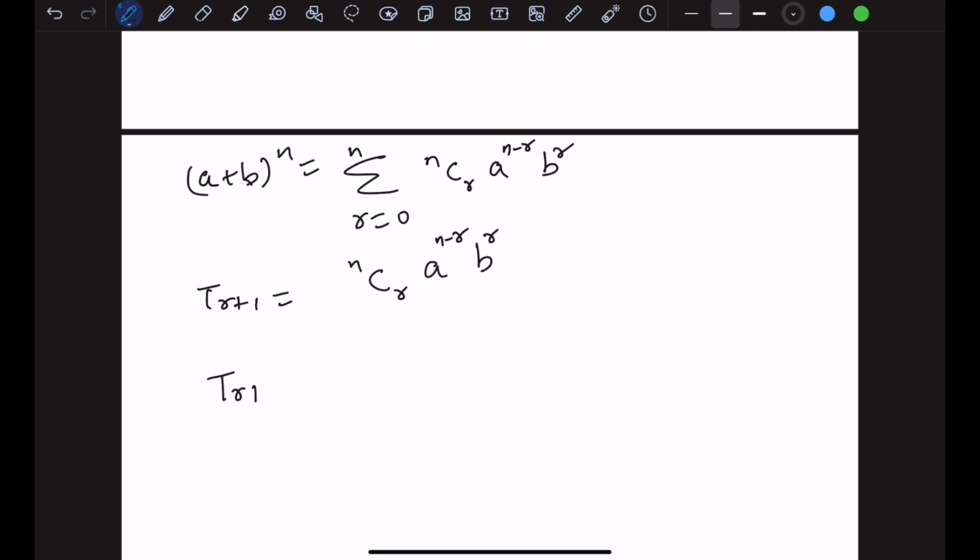What is my T(r plus 2)? r equal to 0 means first term, so if it's r here, it means it's the (r plus 1) term. So T(r plus 2) is nC(r plus 1) a to the power n minus (r plus 1) b to the power r plus 1.